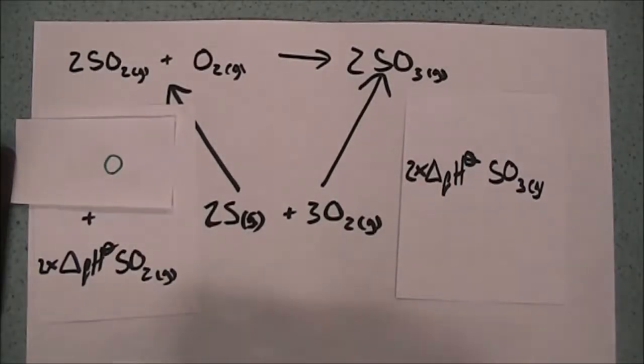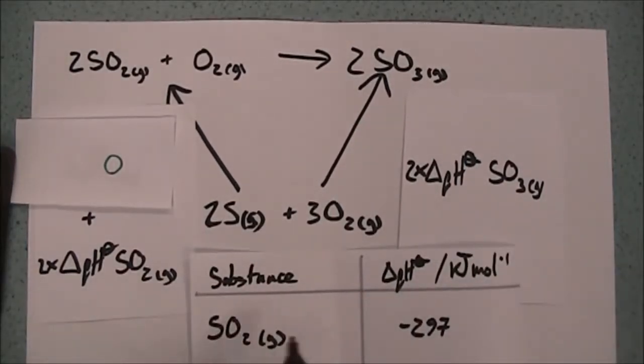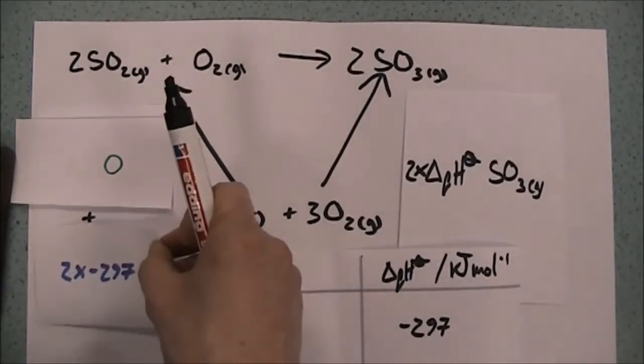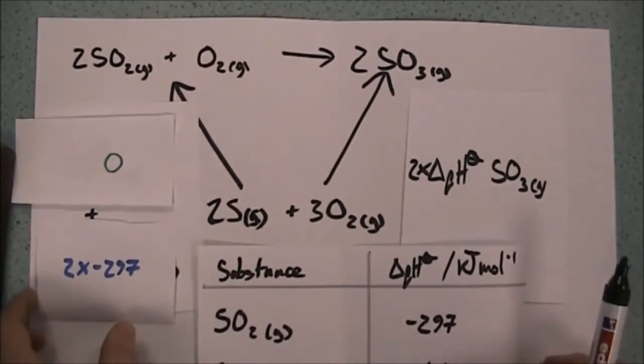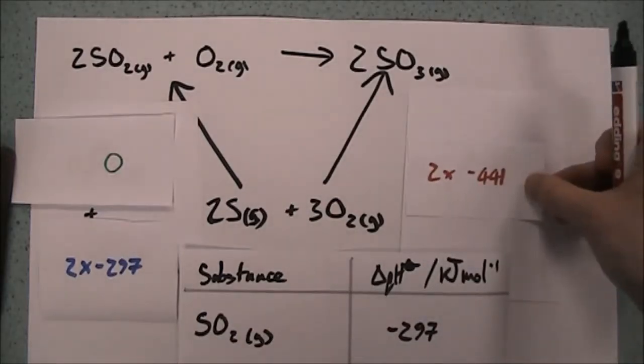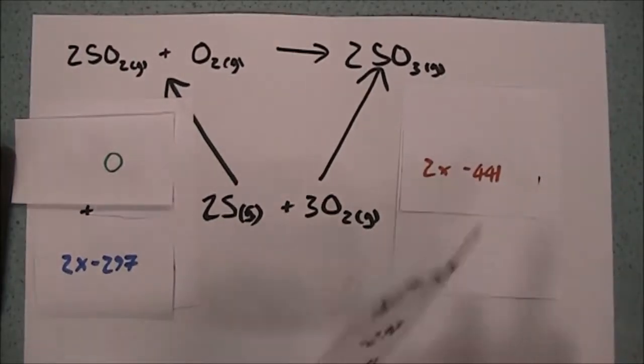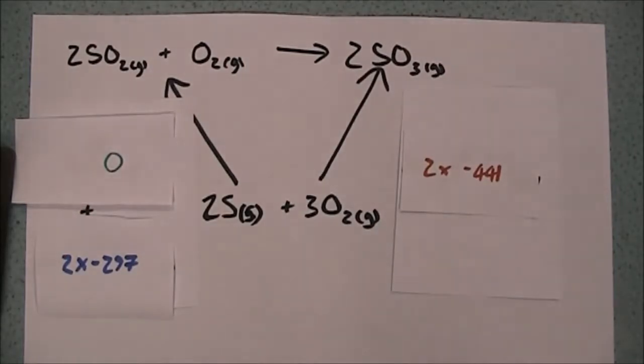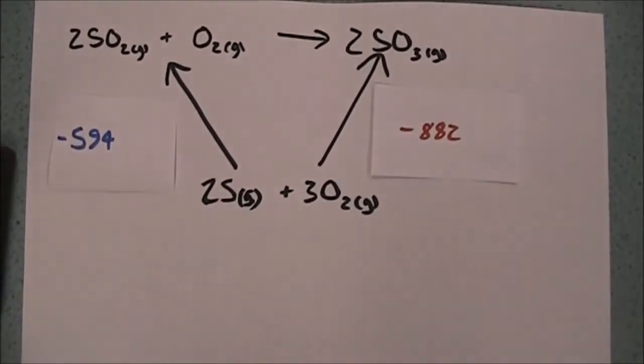If I refer to my table, I find that SO2 is going to be 2 times minus 297, and I look on the other side, I'm going to find it's going to be 2 times minus 441. There it is. And so if I plug my numbers in here, I get that. If I plug them through a calculator, I get these values here.